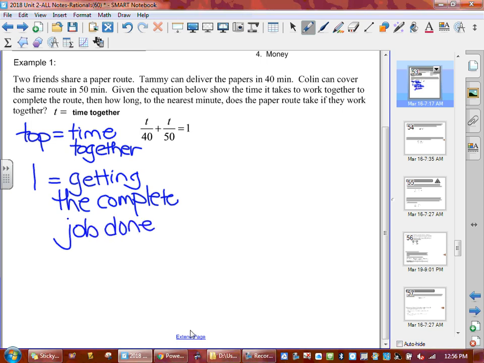Okay, that's why it's a 1. You're getting the complete job done. So you'll always have time together on top. The 1 represents getting the complete job done. Okay, one job, that's like a 1. The numbers on the bottom will always represent individual time.